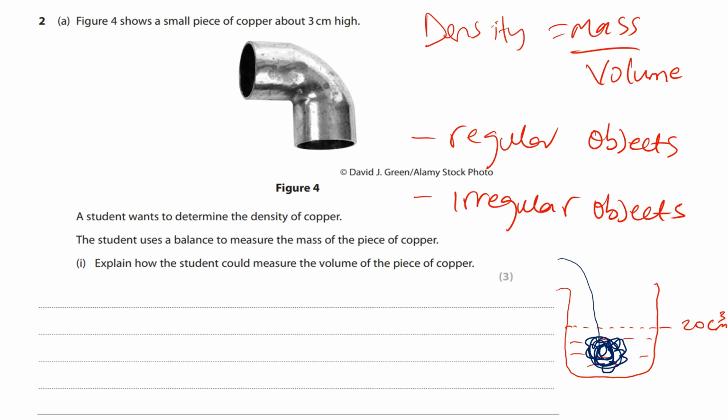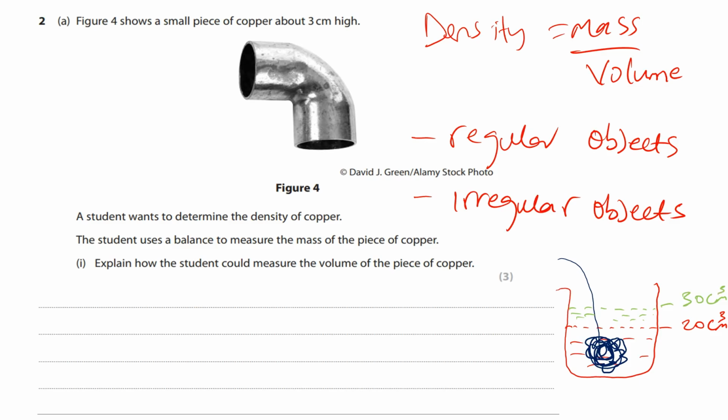The change in the level of water is basically the volume of that irregular object. So the level of the water will rise, let's say, from 20 cm cube to 30 cm cube.